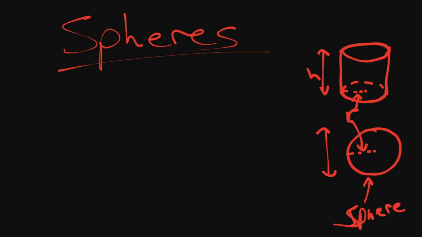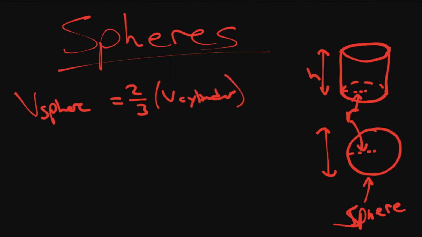So picture that you carved out a sphere, or like a ball, from the cylinder, and by that logic, the volume of a sphere is 2/3 the volume of a cylinder of the same height and radius.